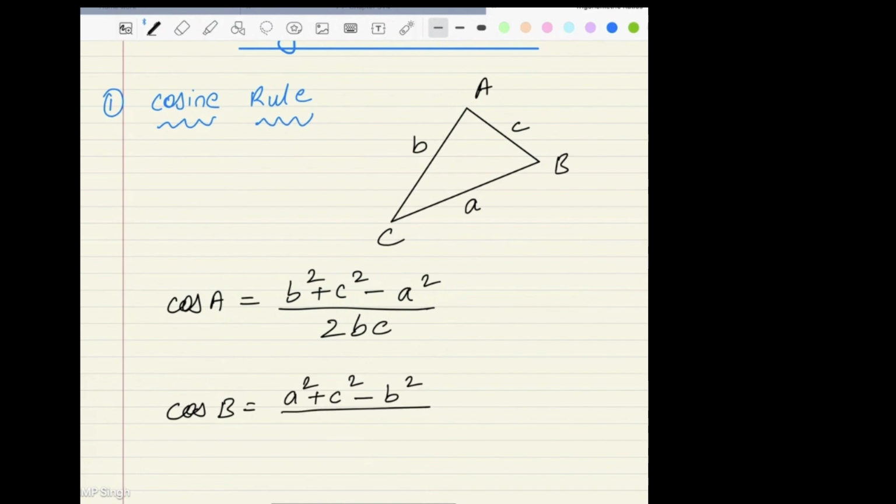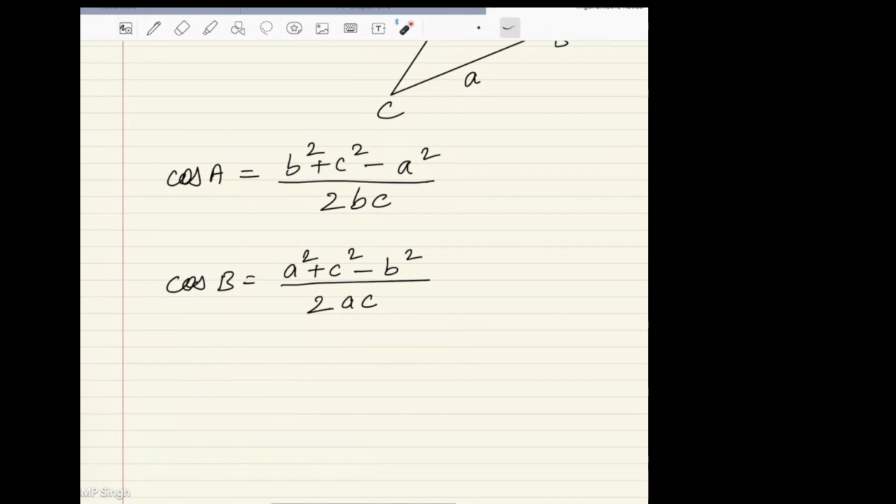Divided by, what will you divide this with? In this case, it will be twice ac, which will not contain the letter which has been subtracted in the numerator. And the last one, cos C.